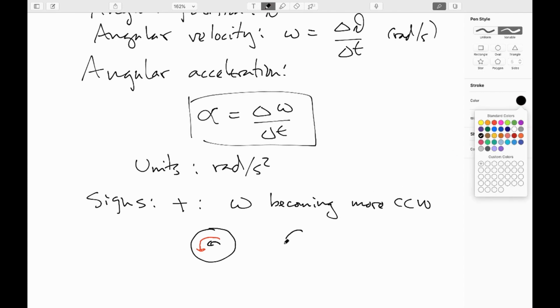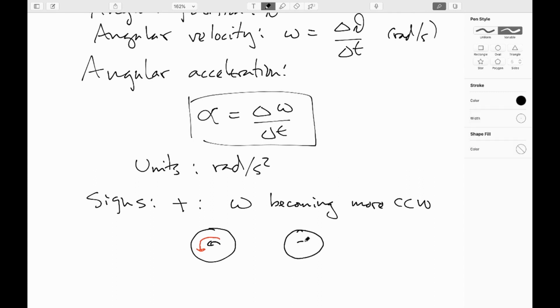Another way, though, would be if I were turning clockwise, which would be a negative angular velocity, and I end up turning clockwise slower, so a less negative number. That means that the angular velocity would be becoming more positive, which means that the angular velocity would be becoming more counterclockwise.